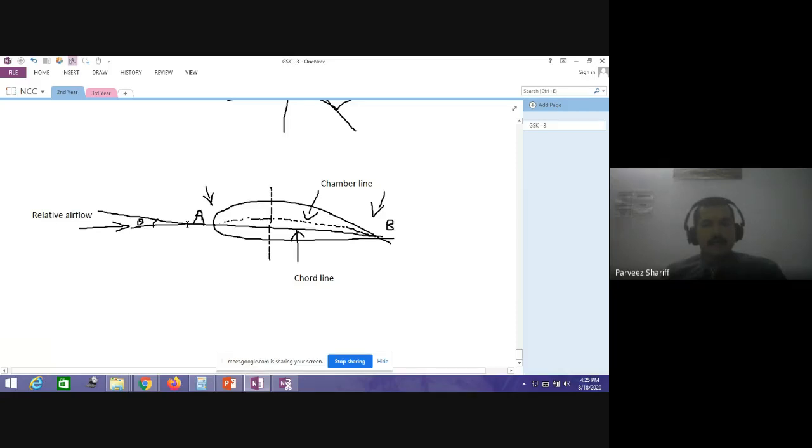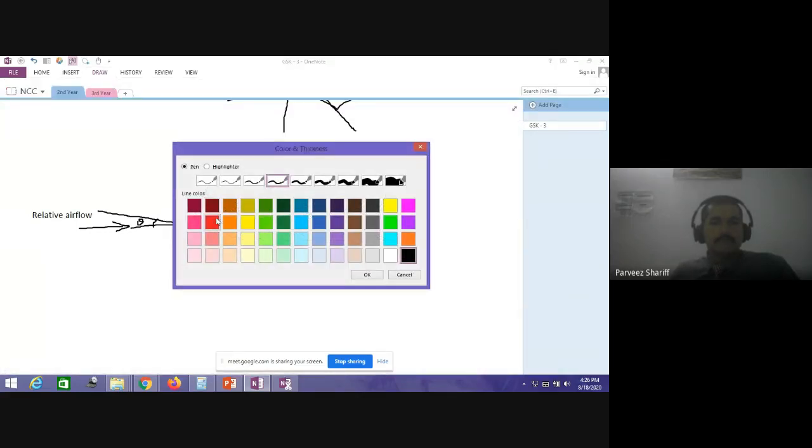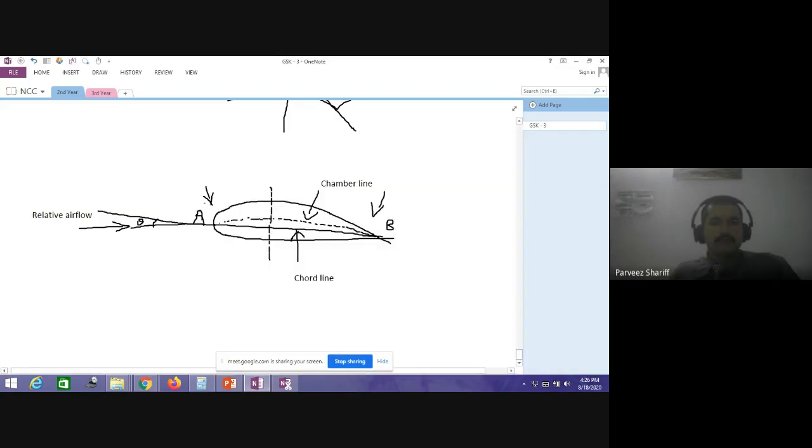The angle formed between the relative airflow and the chord line, we call the angle of attack. And for any aircraft, this angle of attack cannot be more than 15 to 20 degrees. 15 is the minimum. If it goes beyond 15 degrees, the air which is coming like this and going above will get split. The air gets split and it gets joined at the trailing section.